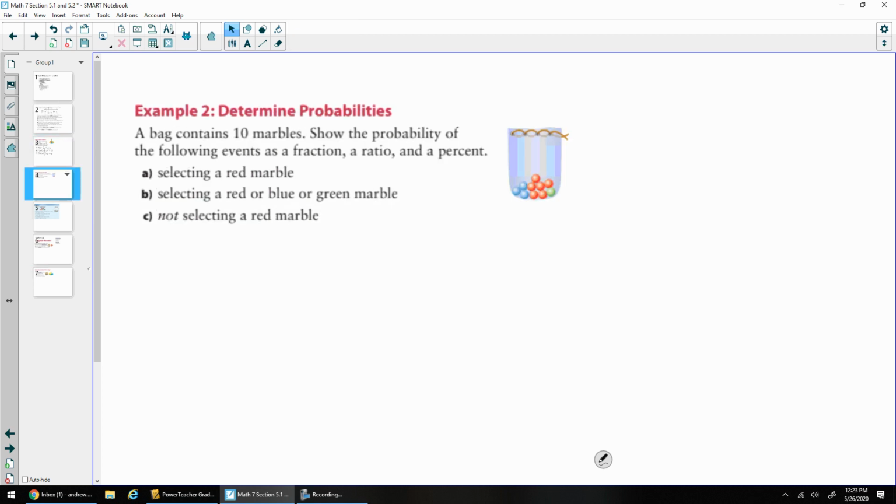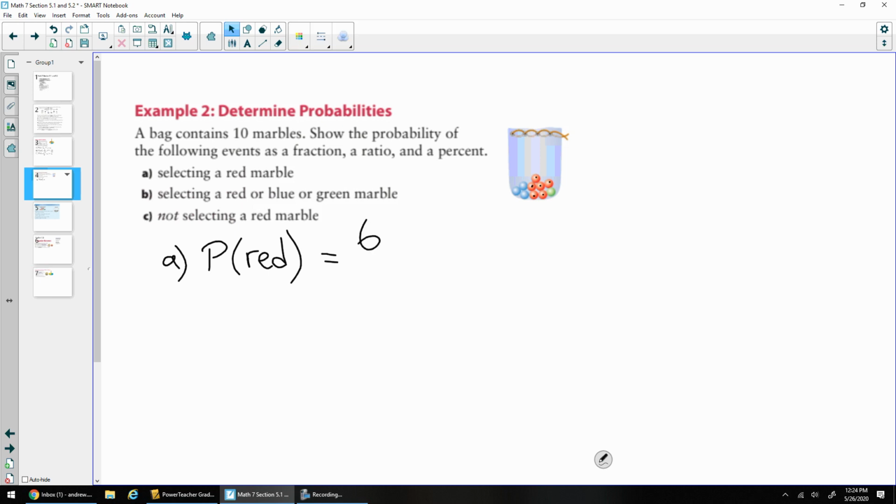A bag contains 10 marbles. Show the probability of the events as a fraction, ratio, and instead of decimal, as a percent. So what's the probability of A, selecting a red marble? Well, how many favorable outcomes are there in this situation? There are 1, 2, 3, 4, 5, 6 red ones.